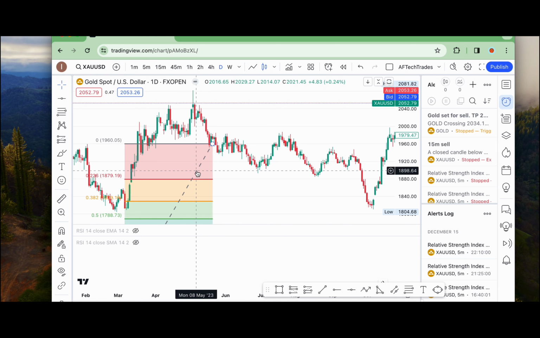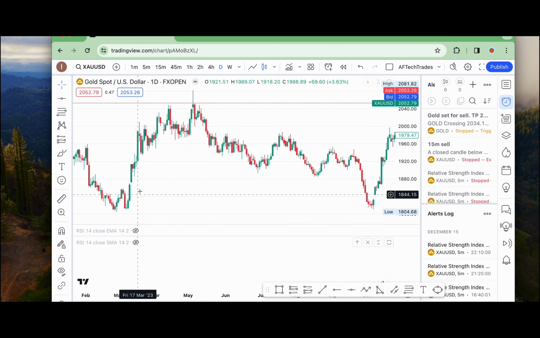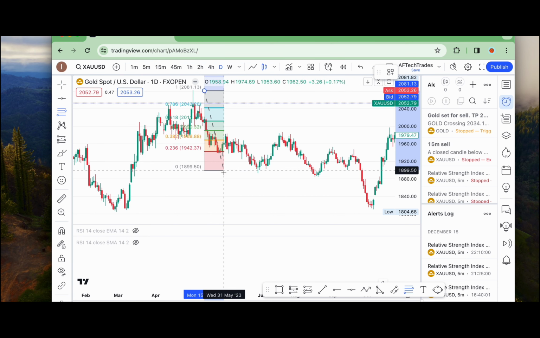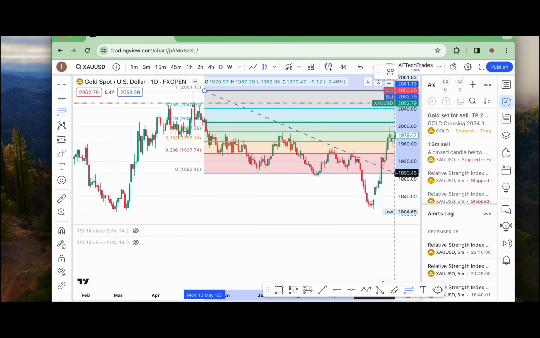Assuming the market is here, what we do is we place the Fibonacci tool here, down to the lower wick, which is this one.